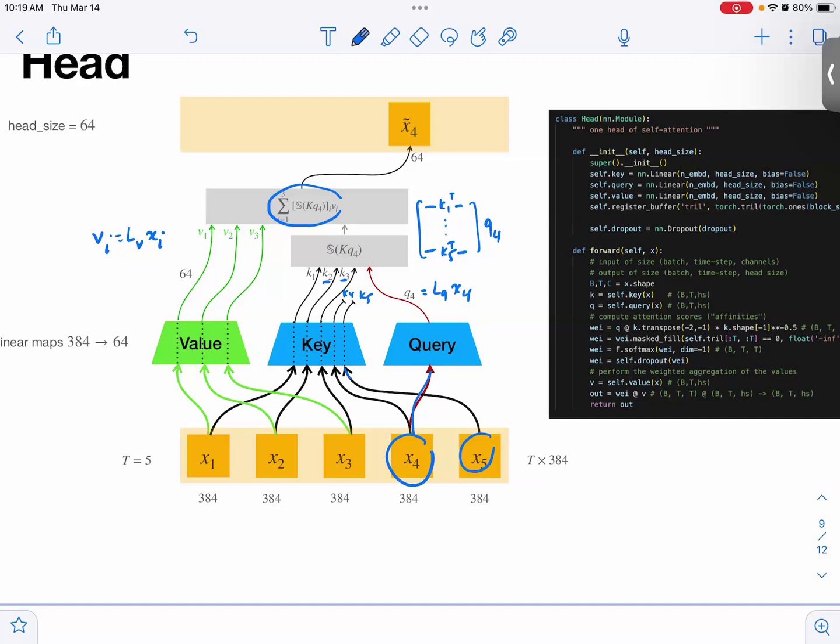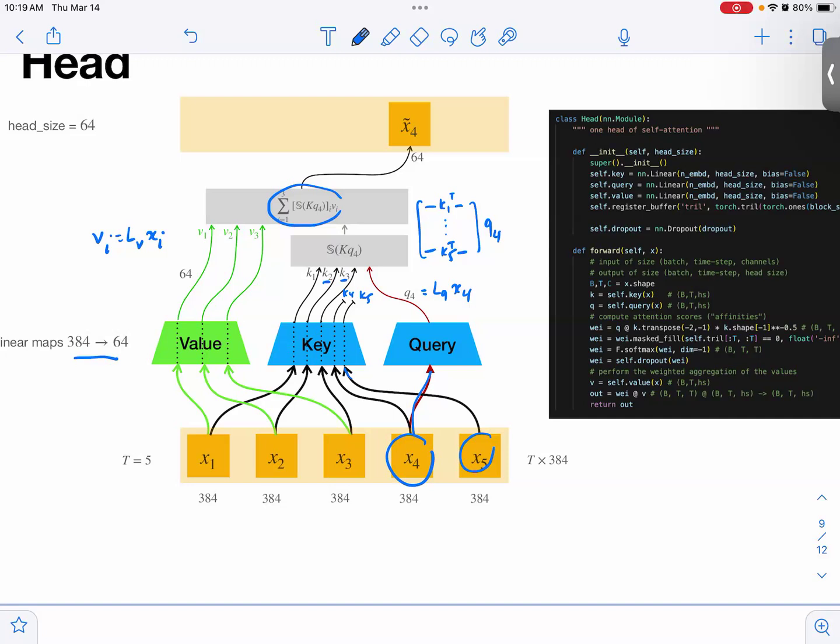This is the head size. Each of these embeddings passes through the value linear map, which is a 384 by 64 linear layer. It translates from this dimension to that dimension.